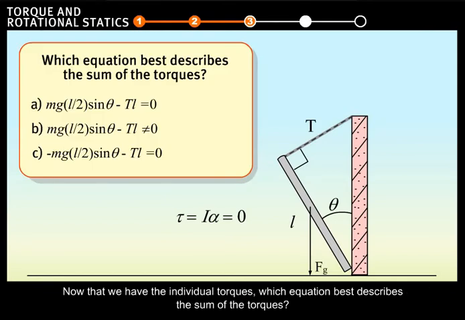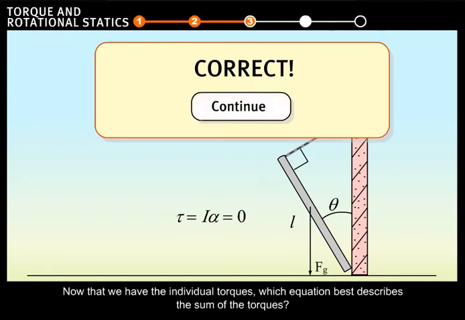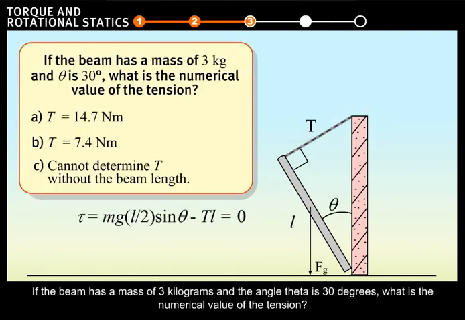Now that we have the individual torques, which equation best describes the sum of the torques? Correct. If the beam has a mass of 3 kilograms and the angle theta is 30 degrees, what is the numerical value of the tension? Correct.